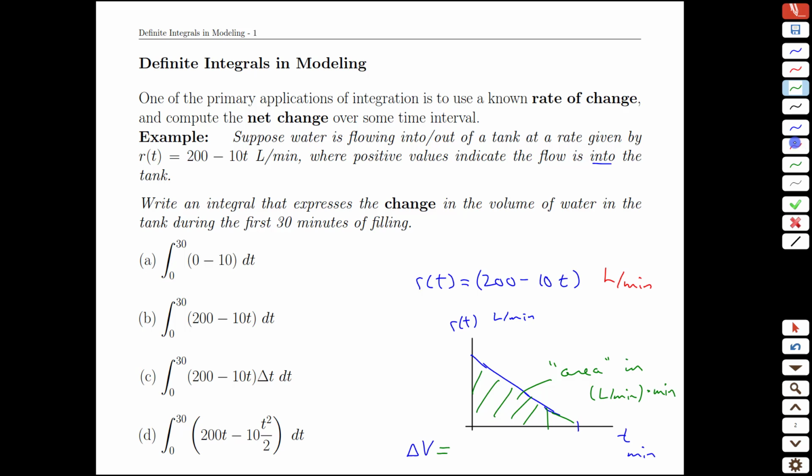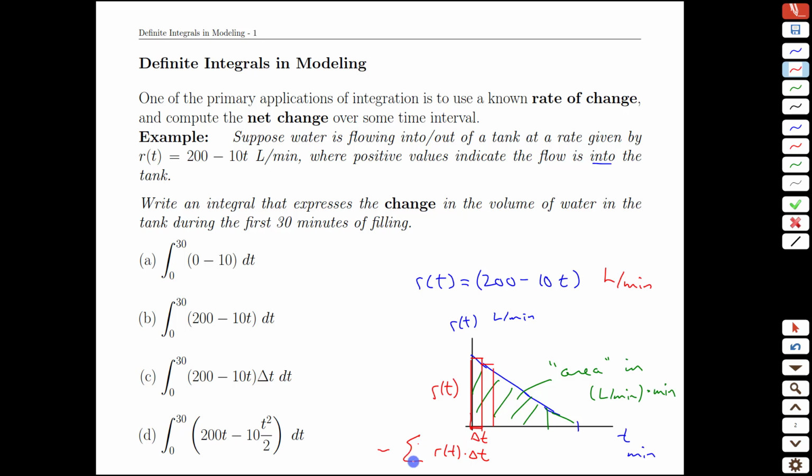If we wanted to break it down even more into the kind of expressions we've seen already, we would imagine building a sum of delta t's times r of t. And that is a real indication of how we're going to build our integral. So we would have r of t times delta t as a sum.